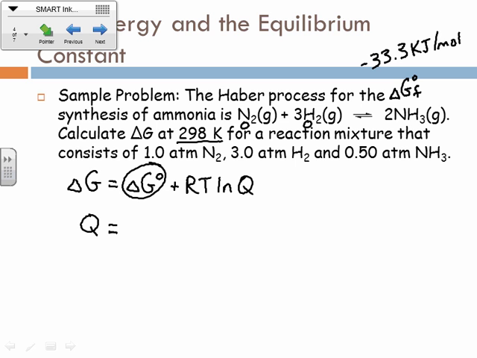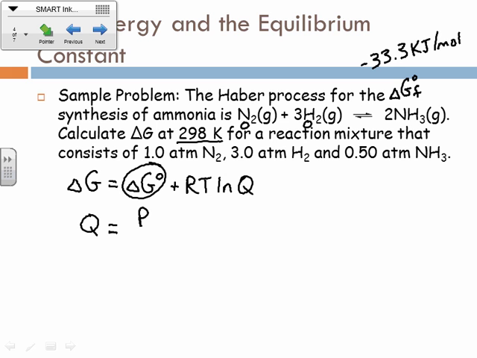What's our Q expression for this reaction? You got to watch out for your exponents there because of the coefficients. And since these are gases, we're going to write this in terms of pressure. It's been a long time since we've done that.